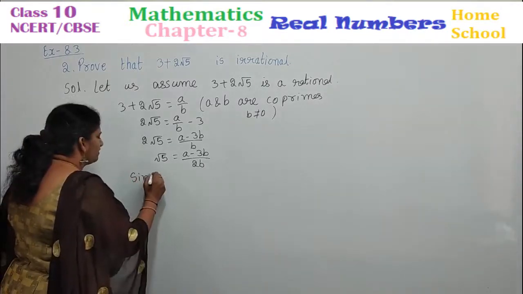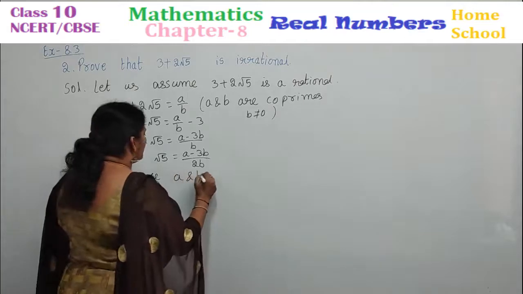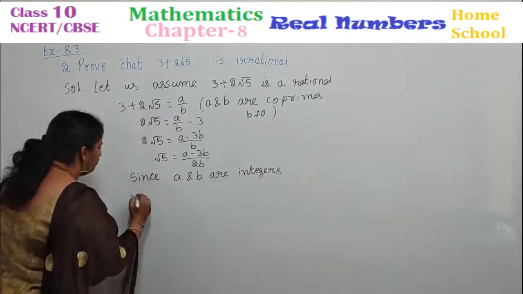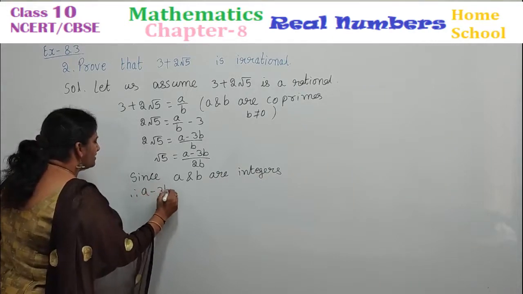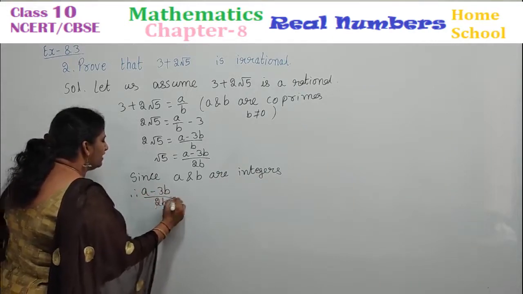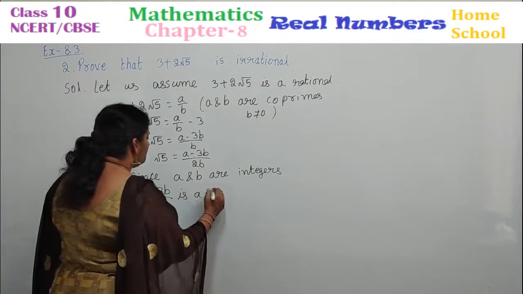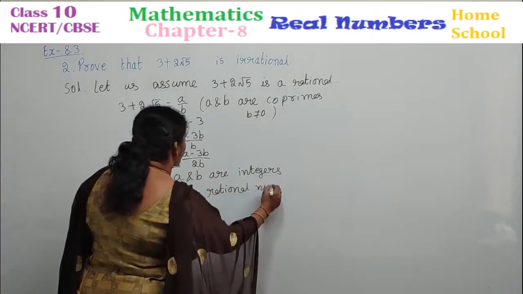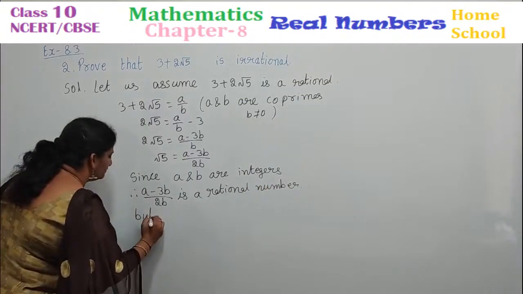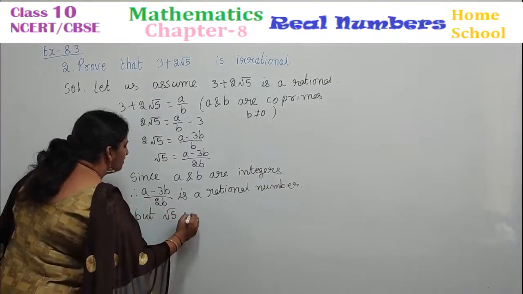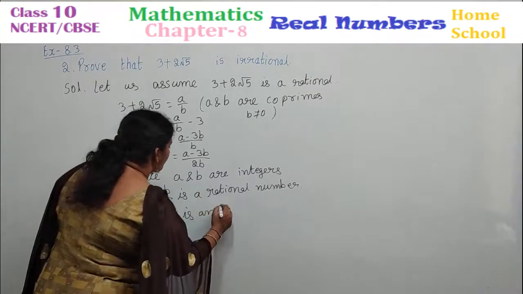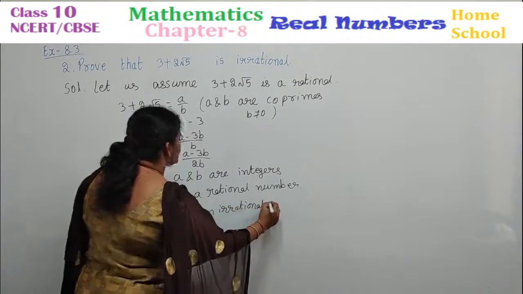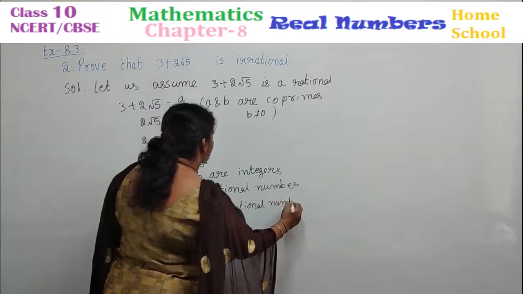Since a and b are integers, therefore (a minus 3b) by 2b is a rational number. But root 5 is an irrational number.